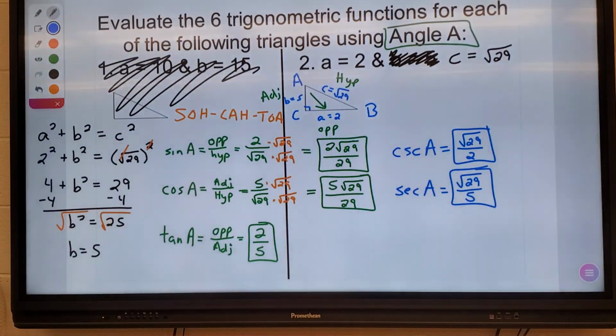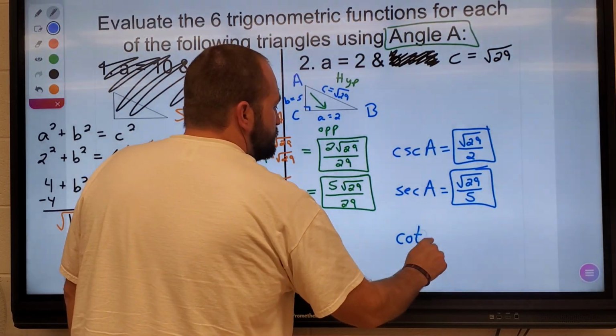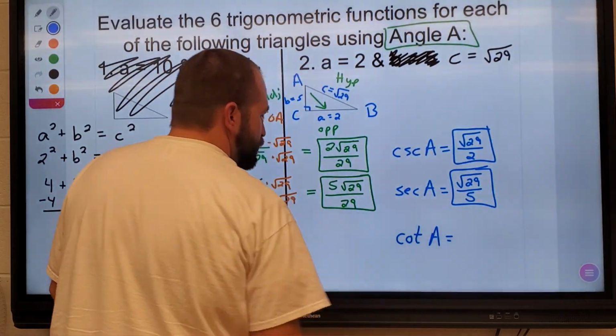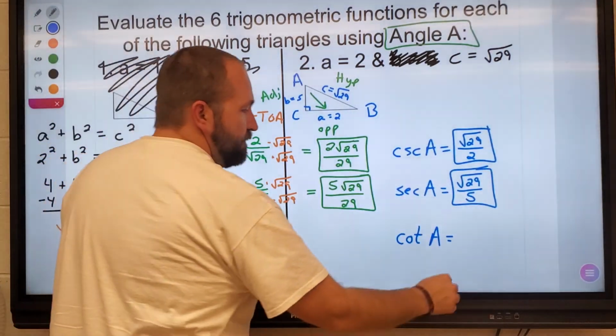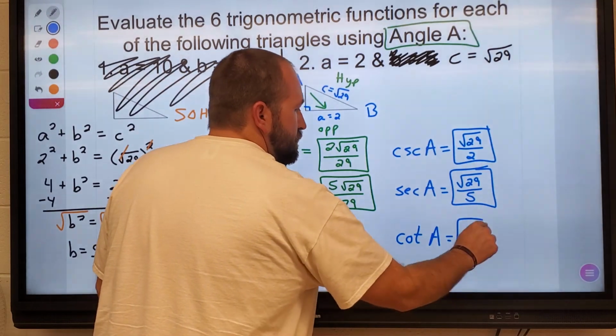And then tangent's reciprocal is cotangent, COT, of A is equal to 2 over 5, which then is 5 over 2 as its reciprocal.